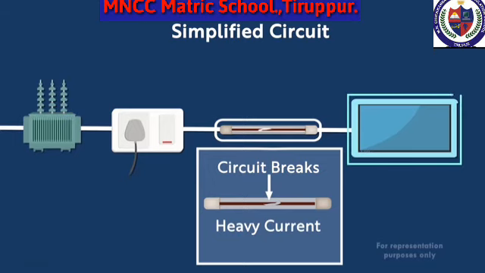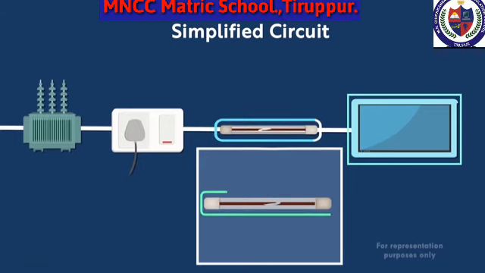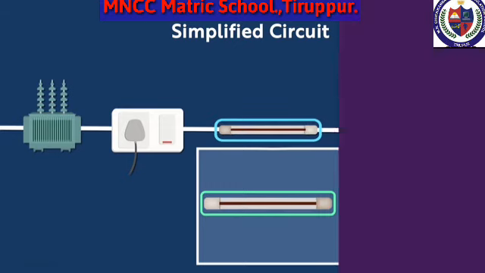The circuit breaks and the current does not reach the appliance. Now, there is one obvious disadvantage of the electric fuse that you must notice. Once the fuse wire melts, it cannot reform itself. We have to replace the fuse with a new one manually.